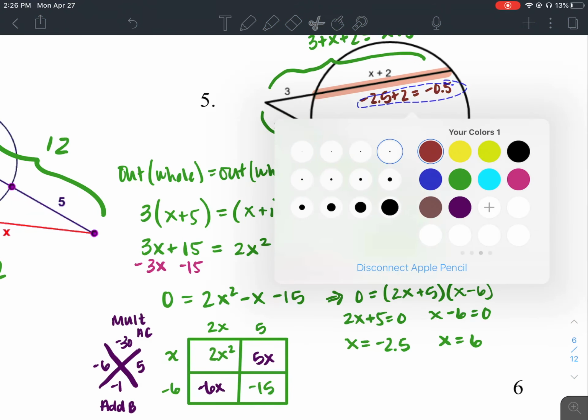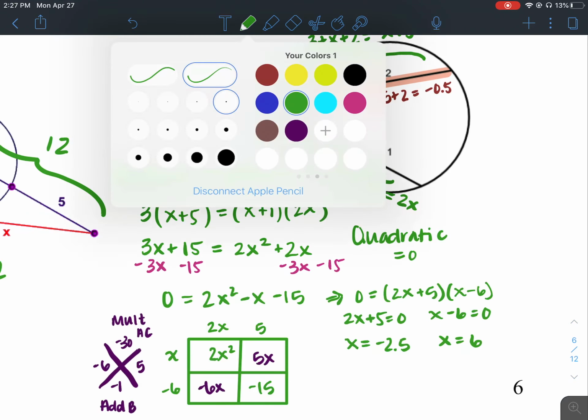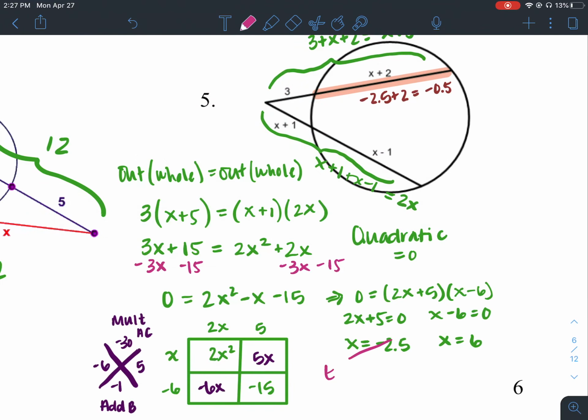You cannot have a distance that is negative. This is saying that distance is negative half of a unit. That does not work. I don't need to check anymore. As soon as I get one distance that's a negative, I say, oops, that's an extraneous solution, and we ignore it.